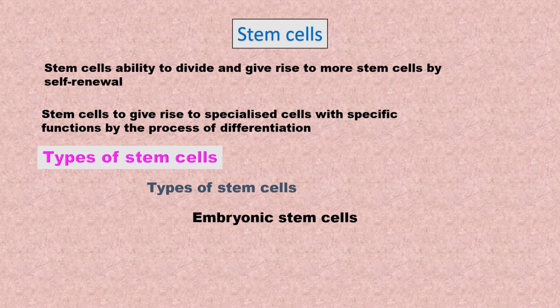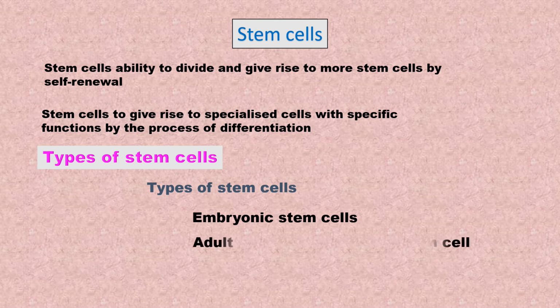Cells are taken from the early embryo. These cells are derived from the inner cell mass of the blastocyst. These cells can develop into any cell in the body. So these are embryonic stem cells.